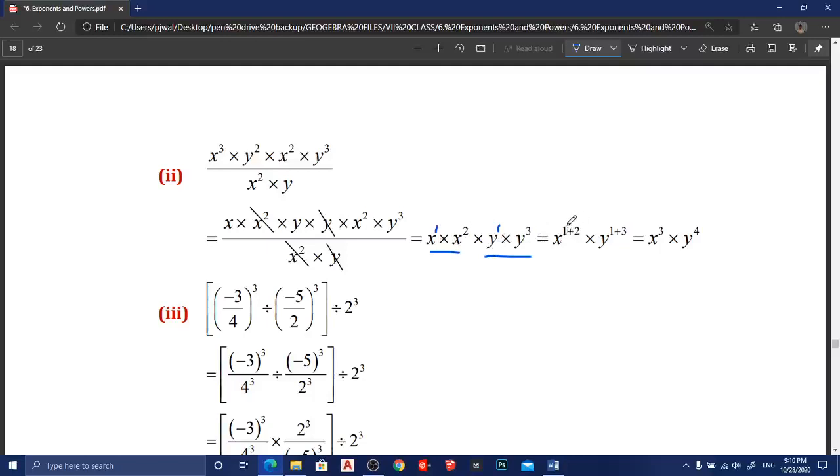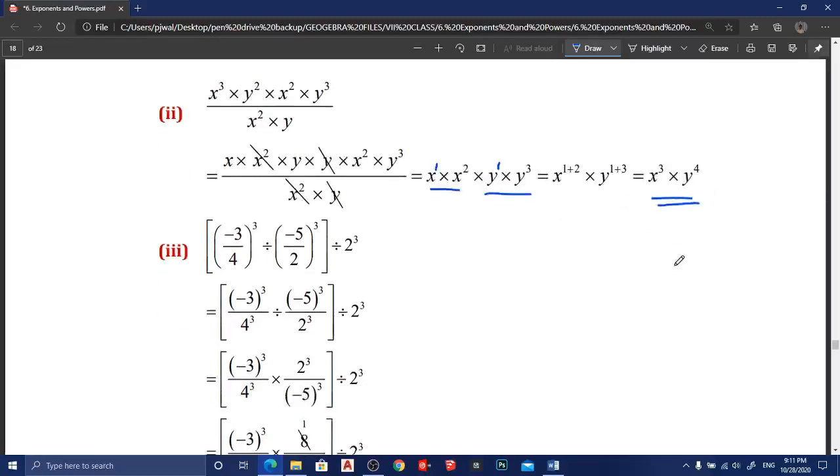This is x to the power of 1 plus 2, and y to the power of 1 plus 3. So here x to the power of 3, here y to the power of 4. So x cube into y to the power of 4. This is the answer.